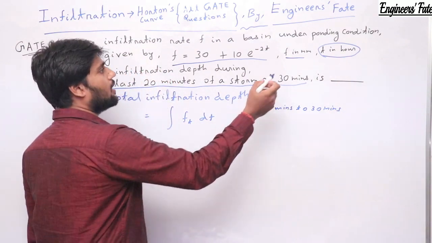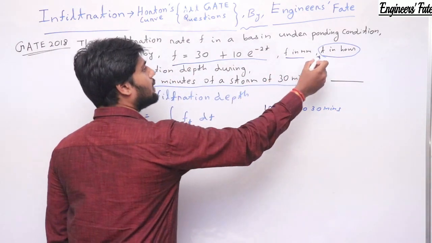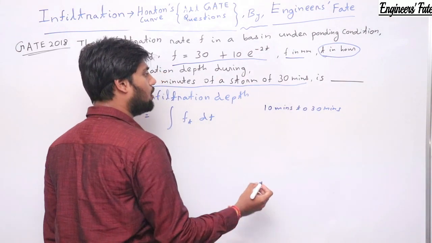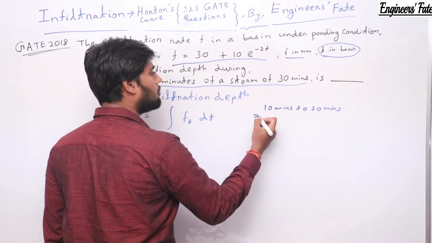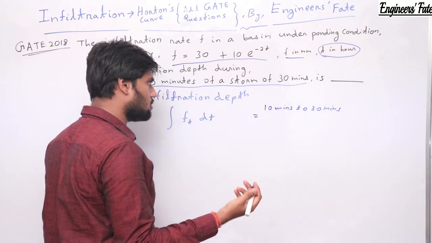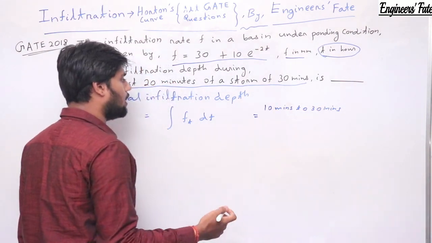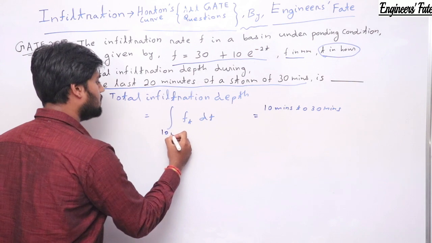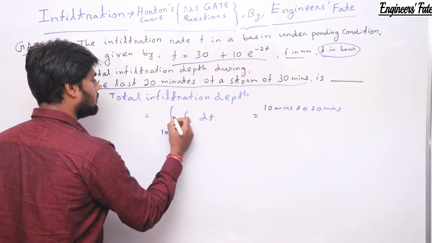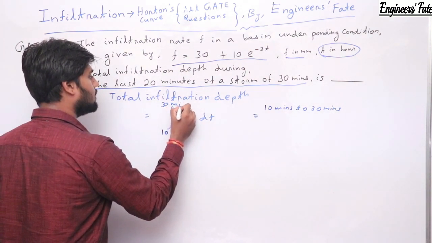But in this equation, t should be in hours. That means we have to make this range in hours.